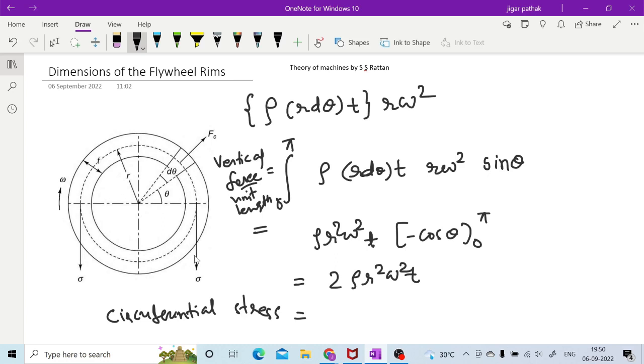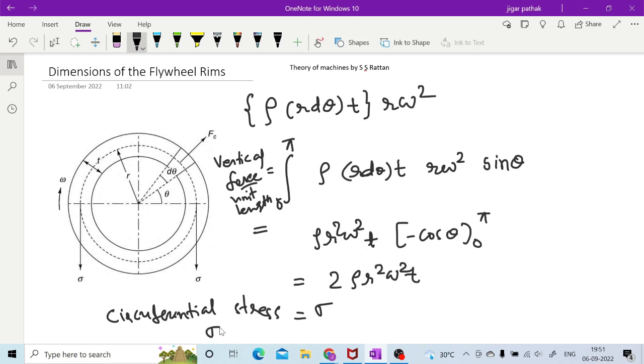Okay. So now, circumferential stress is also there, right? That is sigma. The force due to this stress and the force we have calculated because of the centrifugal force must be in equilibrium, so they must be the same.